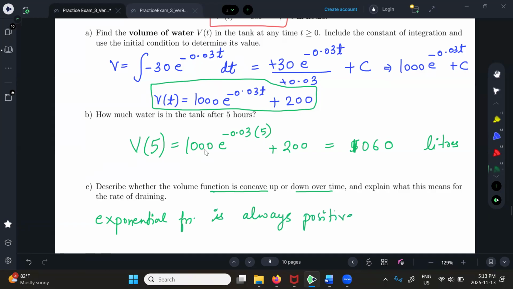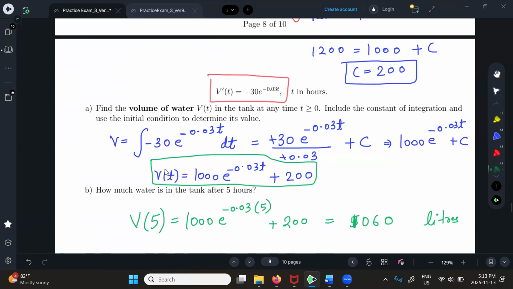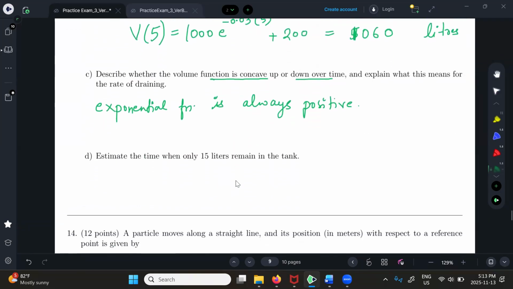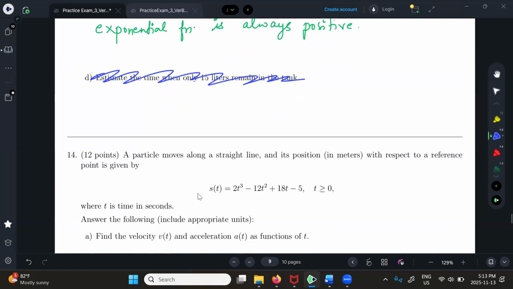So the function is concave up. There you go. So the water is draining faster. But this is in my solutions, you can see that. Estimate the time. Okay, ignore this part also. Alrighty. Whatever I've ignored, you're gonna ignore, okay?